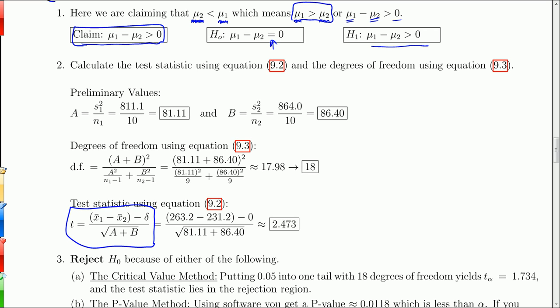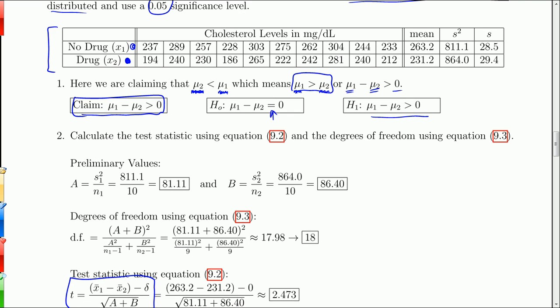A is the variance of the first sample over the size of the first sample. So that's 811.1 divided by 10, and if you round to 2 decimal places, you get 81.11.